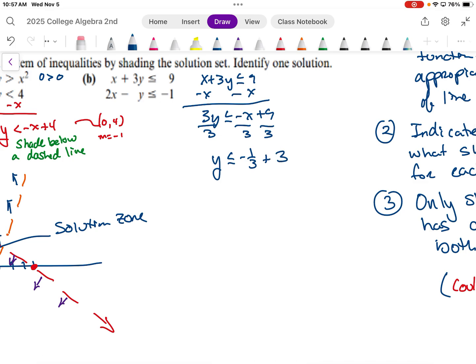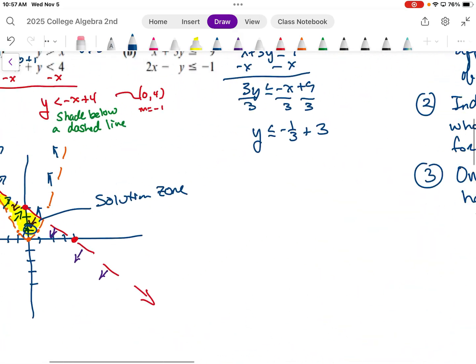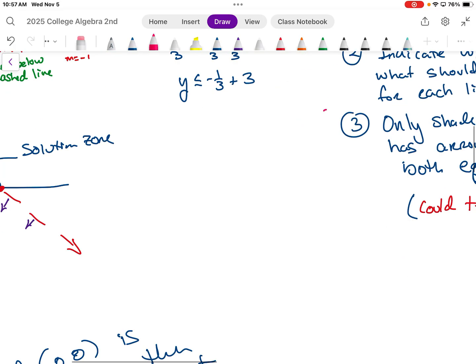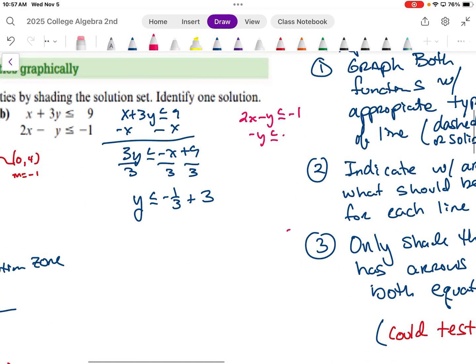All right, so there's the first one. The second, Mr. Stevens. The second one, if I have 2x minus y less than or equal to negative 1, negative y is less than or equal to negative 2x minus 1, divided by negative 1. Flip over, y greater than or equal to 2x plus 1.